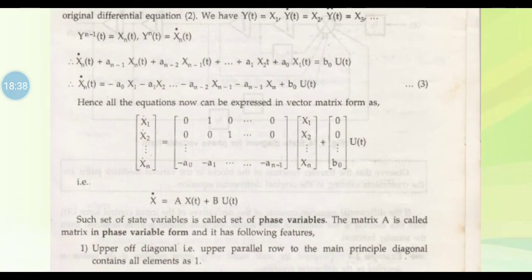Therefore xn dot is equal to minus a naught x1 minus a1 x2, and so on up to minus a n minus 1 xn plus b naught u(t).